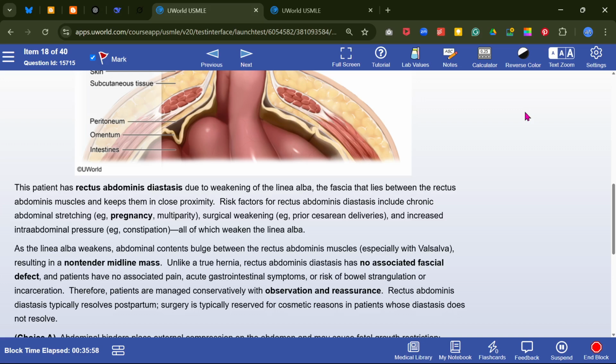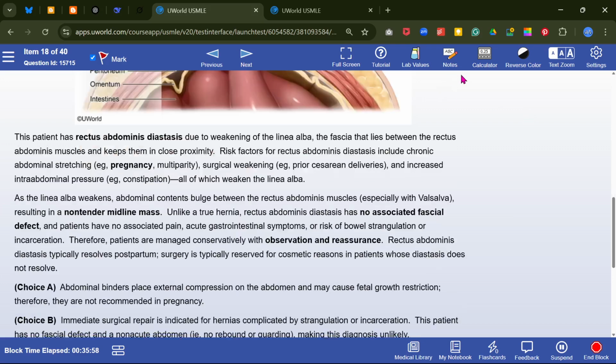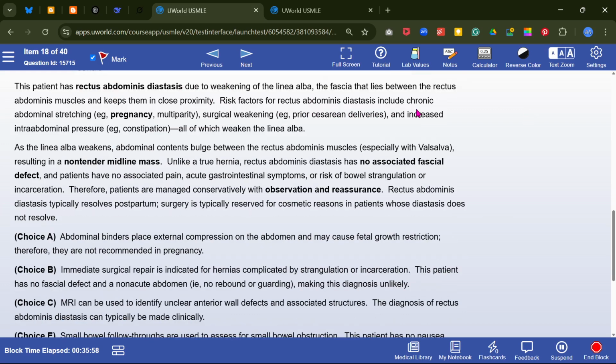Diastasis, sorry. Yes. Abdominal binders place external compression on the abdomen and may cause fetal growth restriction. Therefore, they are not recommended in pregnancy. Growth restriction. Okay. Very important.